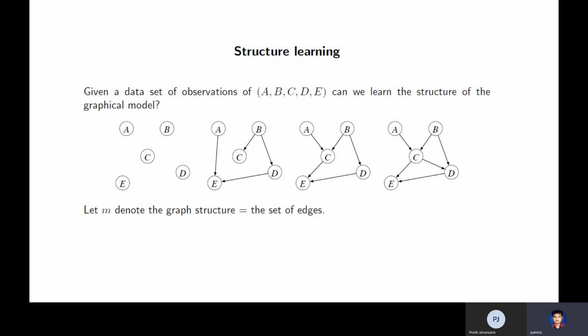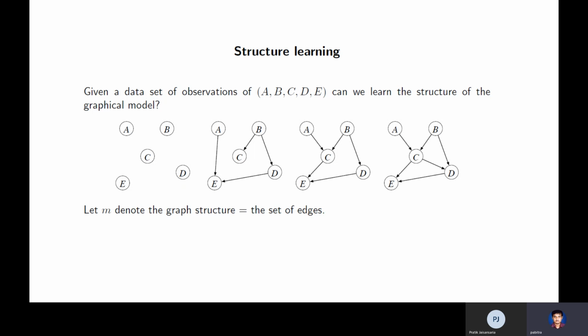Okay, so now let us look at the second problem, that is finding out the structure of the graphical model. Often the set of nodes are given to you, but the directed edges, or the undirected edges in the case of undirected models, are not given. So what we do is basically find out all possible graphical models given this set of nodes.